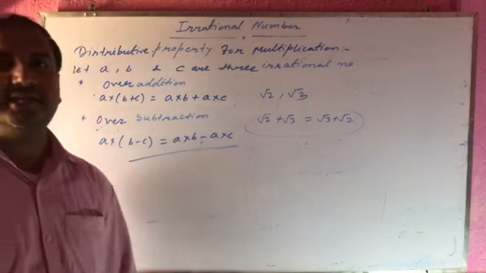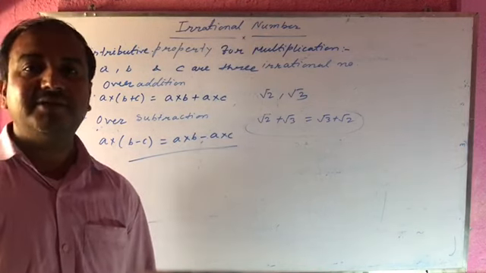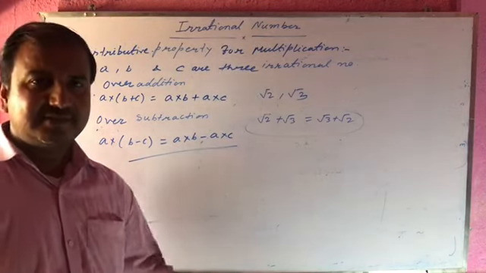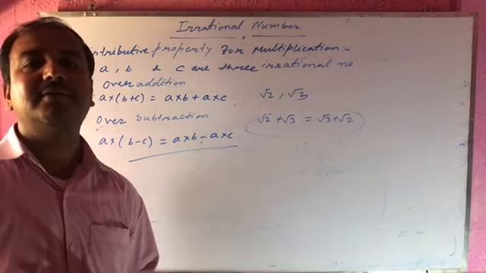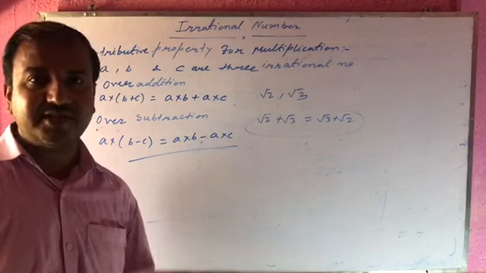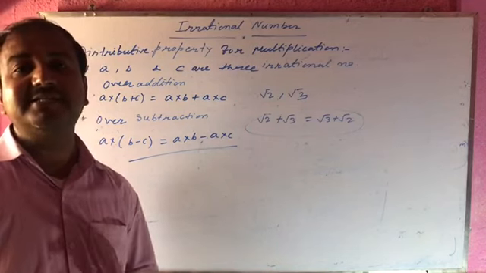Some more properties: the negative of an irrational will be irrational. Okay, and some more properties you can discuss and learn with the help of the book whenever you see inside the book.